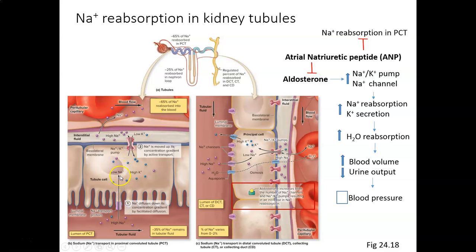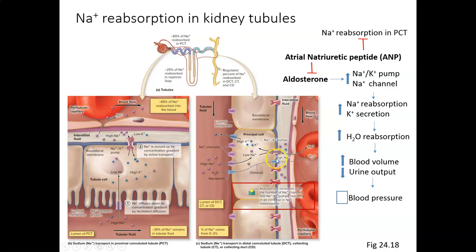They have to get across the tubule cells and then move. Then against the concentration gradient, it has to be pumped out by the sodium potassium pump to the interstitial fluid, and then it diffuses into the blood. And that's what happens in the PCT.